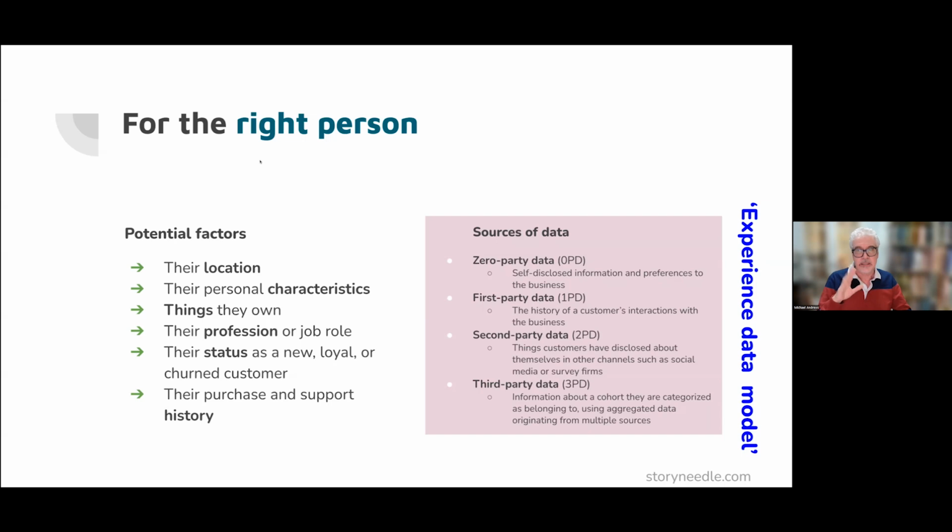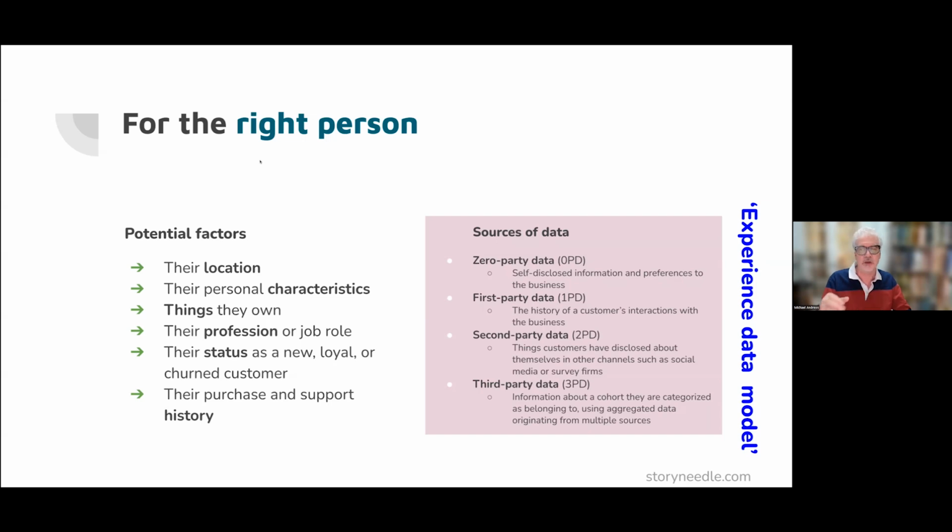Now, this data, it varies a lot in its quality and its utility. I'm not going to get into a big debate about this, but most big organizations have this kind of data to some degree. And it sits in a tool like Salesforce or something like that, and it's utilized in content orchestration decisions.